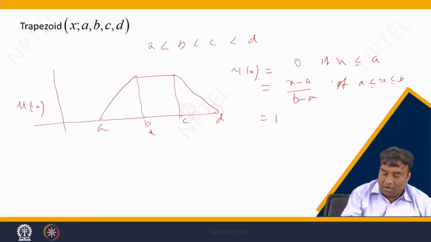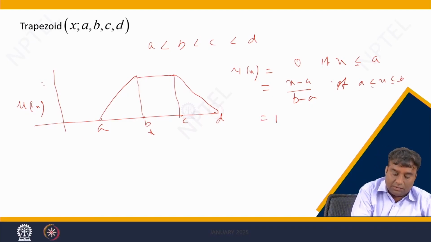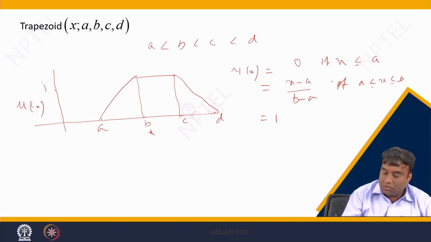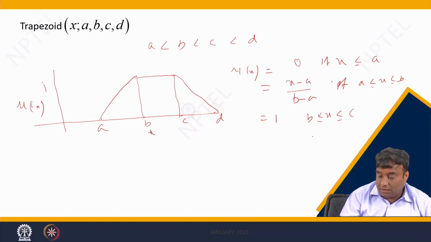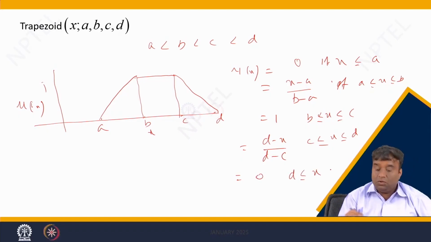This equals 1, suppose this value is 1, if b is less than or equal to x less than or equal to c. This is equal to d minus x by d minus c, if x belongs to c and d, and this is equal to again 0 if x is greater than d. So this is the trapezoid.